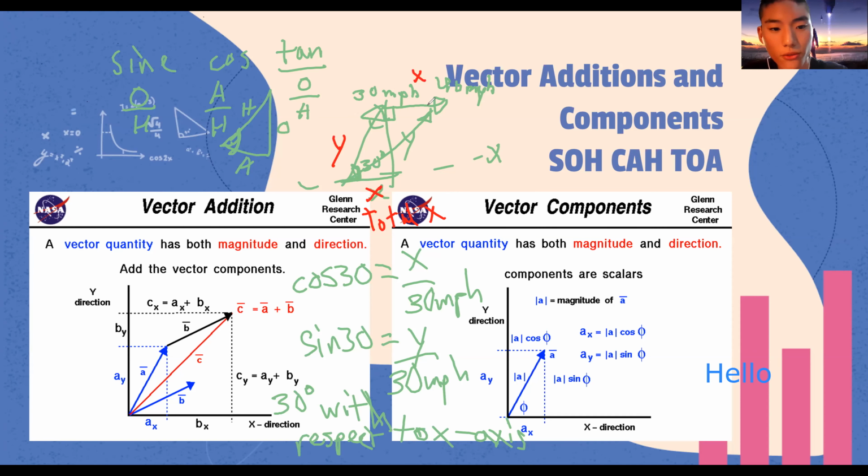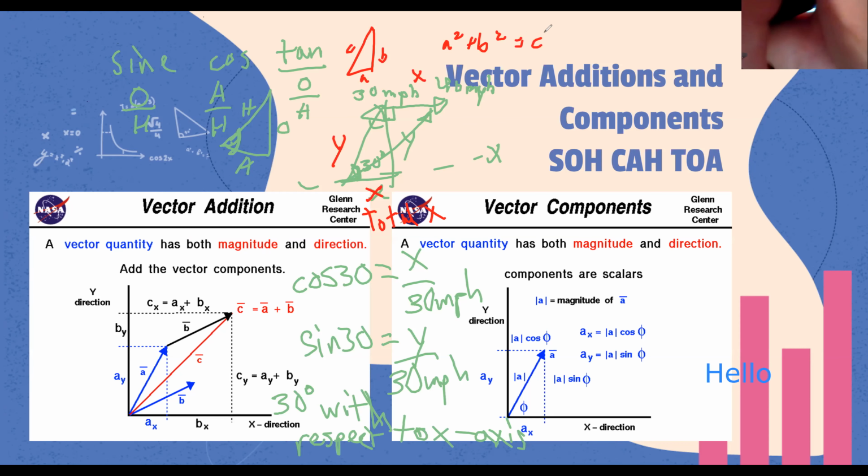So after you find your total x and your total y, you would use something called Pythagorean's theorem, which you might have learned in geometry before. And that's basically saying a squared plus b squared is equal to c squared. Okay? You would take your x as your a, your y as your b, and plug that into the equation and square root everything to find your final velocity.